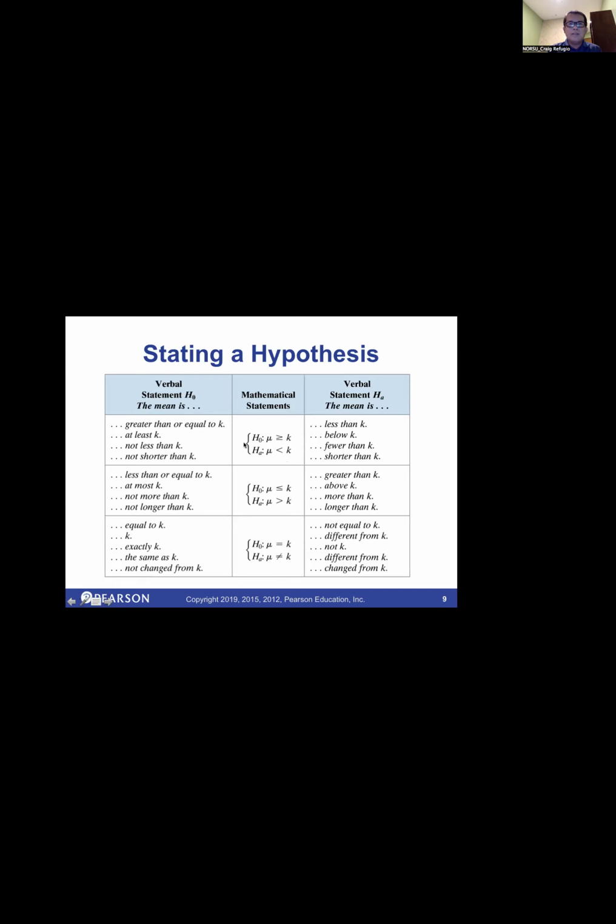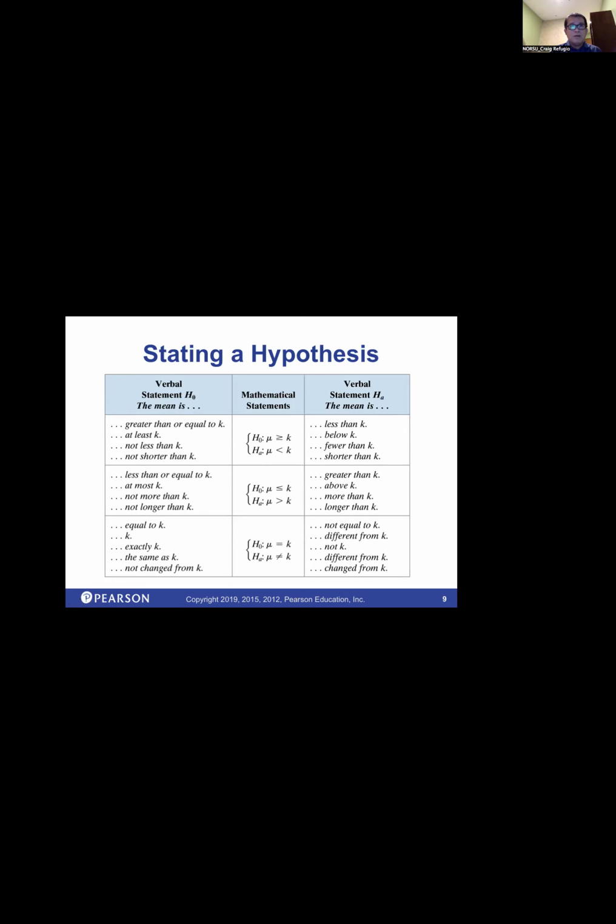So how are these stated in terms of verbal statements? It can be greater than or equal to K. It can be at least K, because when we say at least K, that means equal to K or greater than K. And when we say not less than K, that means that K is what?